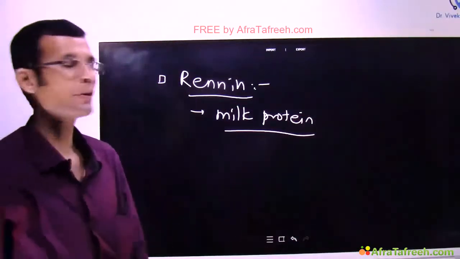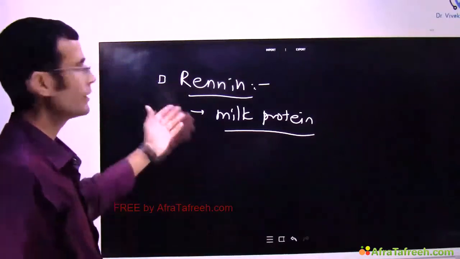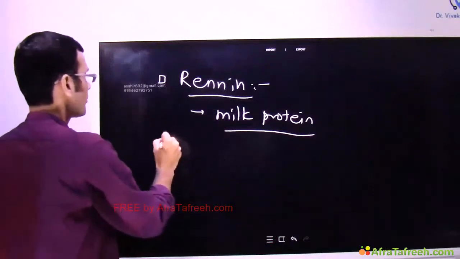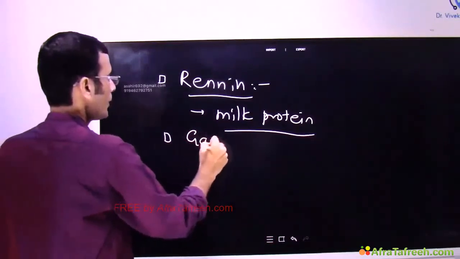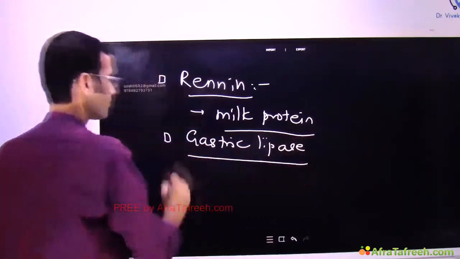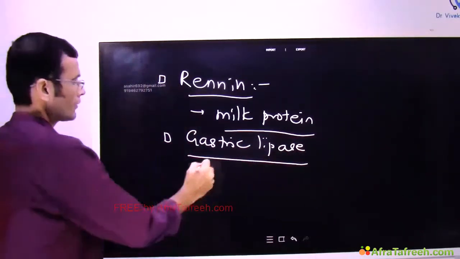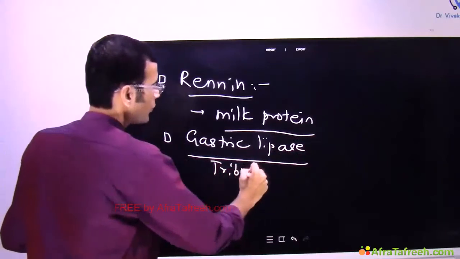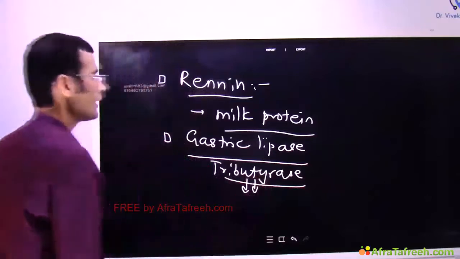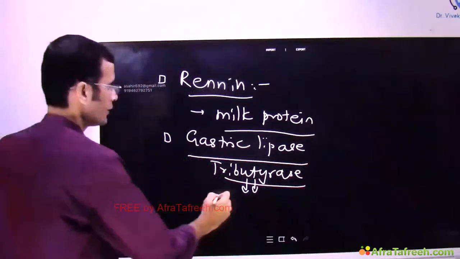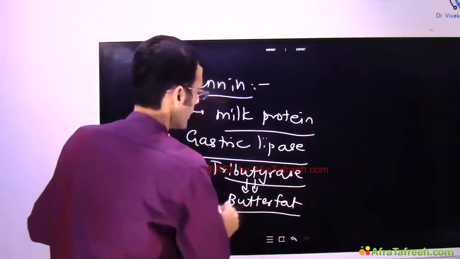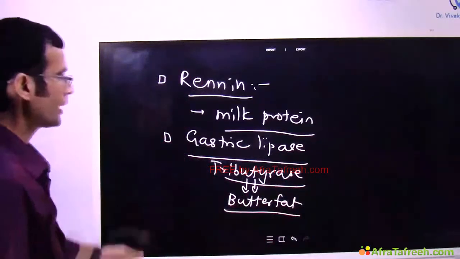Casein is acted upon by the renin, so curdling of the milk or action on the milk protein. Then gastric lipase, that's another enzyme in the gastric juice. Gastric lipase is a tributyrase, and it digests the tributyric acid or butter fat. It is acted upon by the gastric lipase.